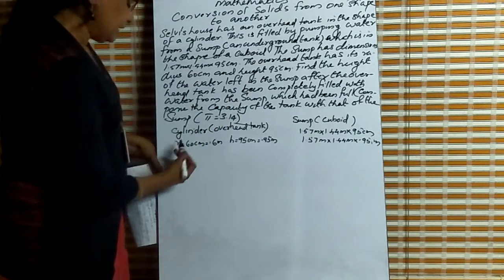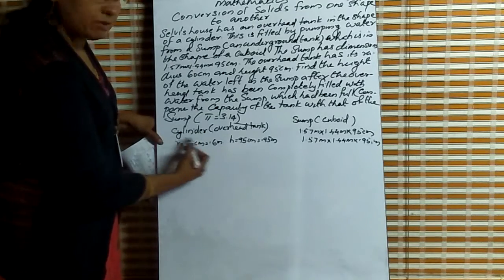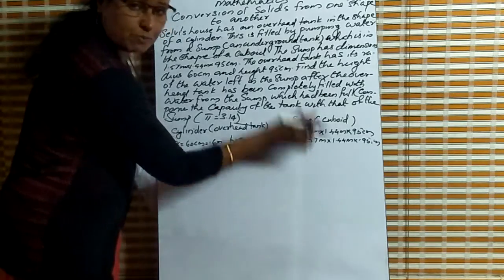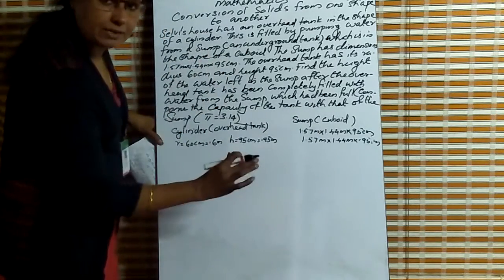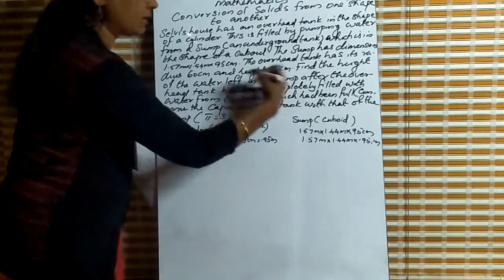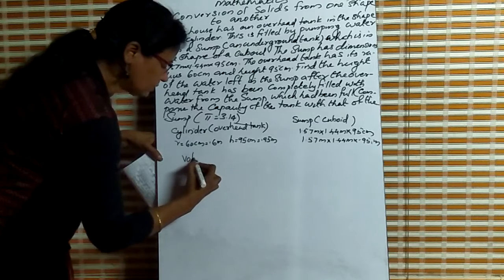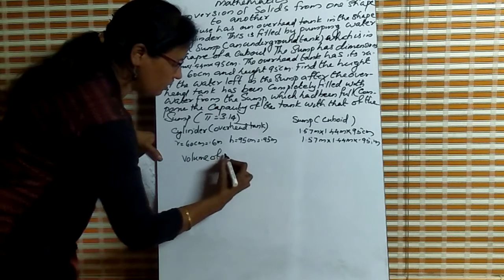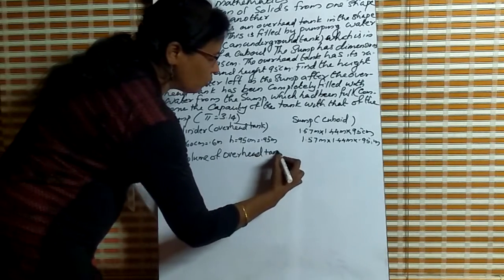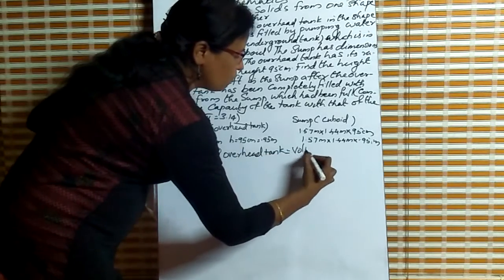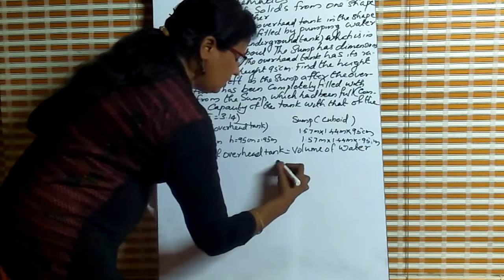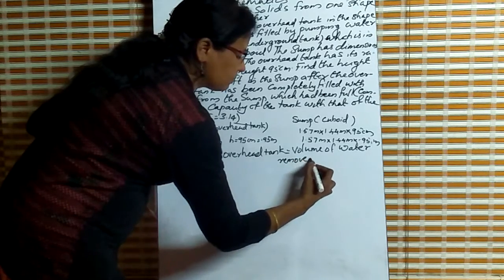For that, the volume of overhead tank is equal to the volume of water removed from the sump.